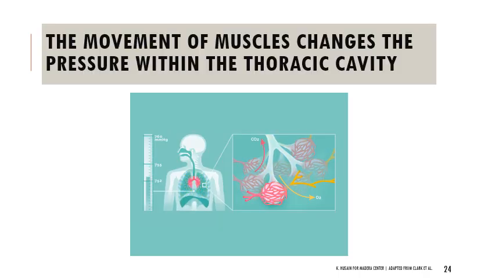Okay, so in thinking about those muscles, remember that as they contract and then relax, they're changing pressure within the thoracic cavity by changing the volume. So volume and pressure are inversely related. As volume increases, pressure decreases. As volume decreases, pressure increases.